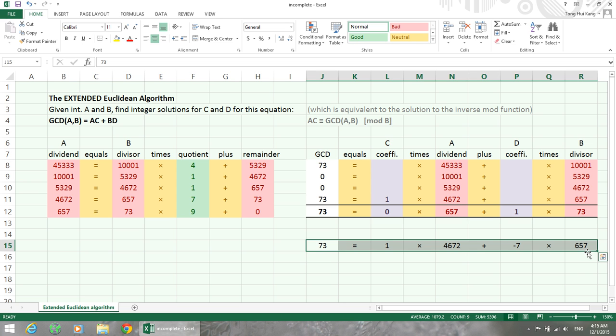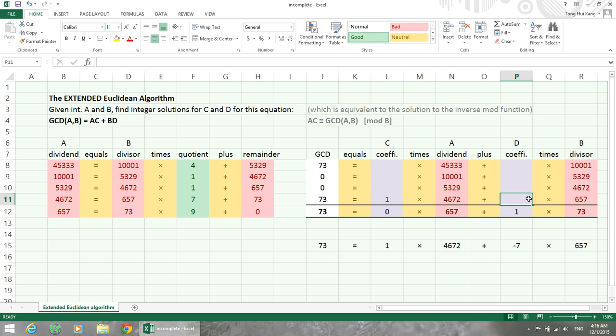So finally, the number of 657s is equal to 0 carryover plus 1 times negative 7. Negative because you brought this term over and you express it, and then you get a negative number here.